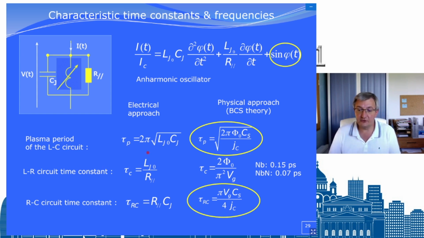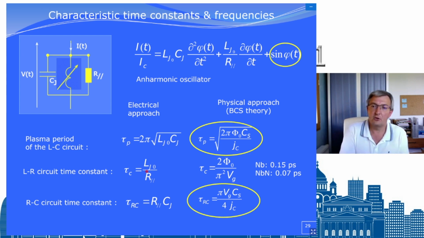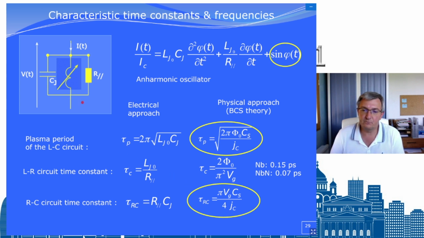You have the L/R time constant, which is basically the time you need to recombine quasi-particles into pairs, because quasi-particles go there and pairs go there, to make it simple. And since you have an inductance, it takes time to recombine these quasi-particles into Cooper pairs, and this is modeled by an inductance in an L/R time constant.